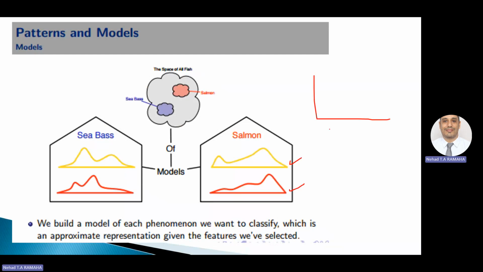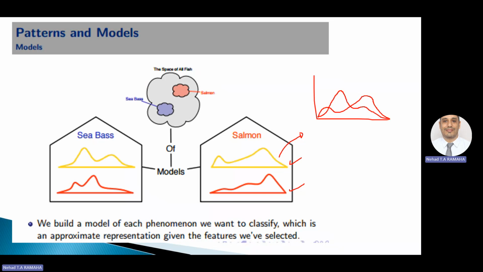Okay, for this feature in the salmon, we have this data, for example, the length or something like this. For the sea bass, we have this one. So it comes like this, decreases, and we have something like this.